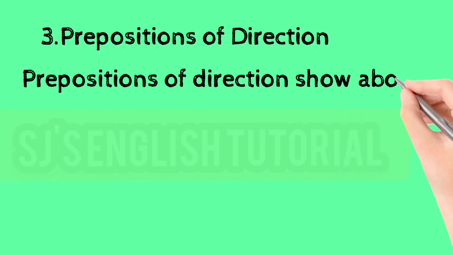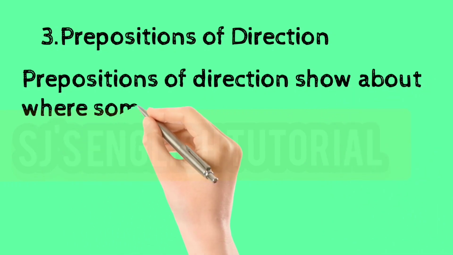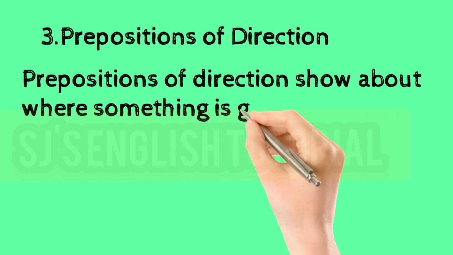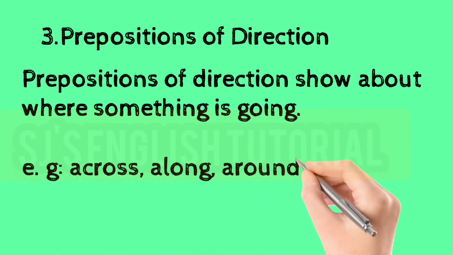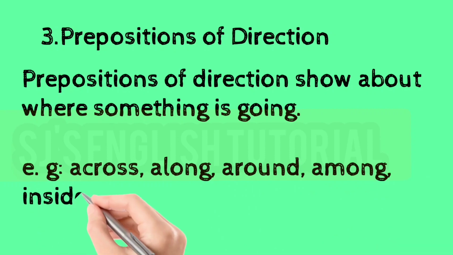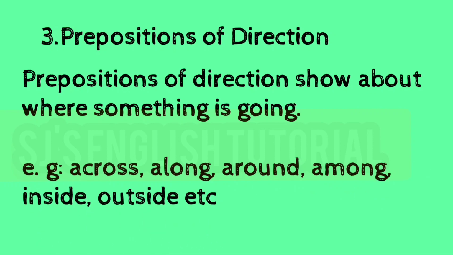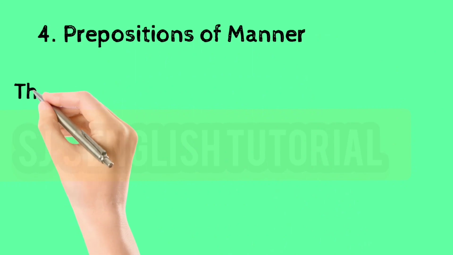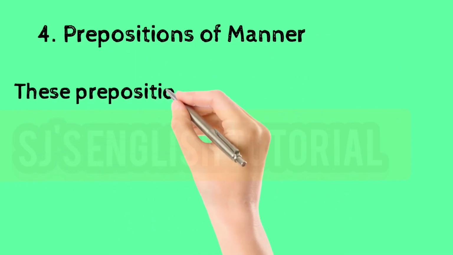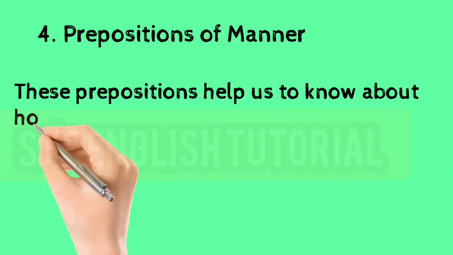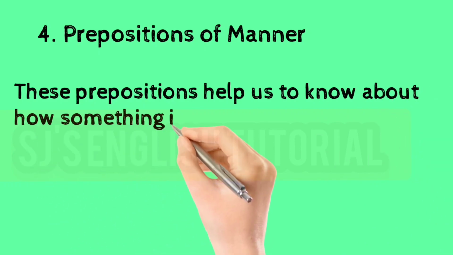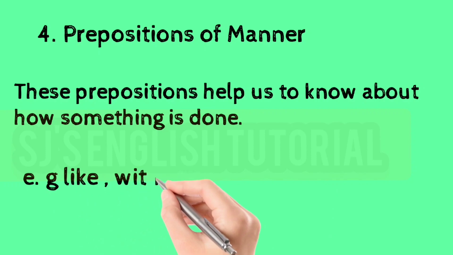Prepositions of direction show where something is going. For example, across, along, around, among, inside, outside, etc. Now the fourth one is prepositions of manner. These prepositions help us to know how something is done. For example, like, with, by, in, on, etc.